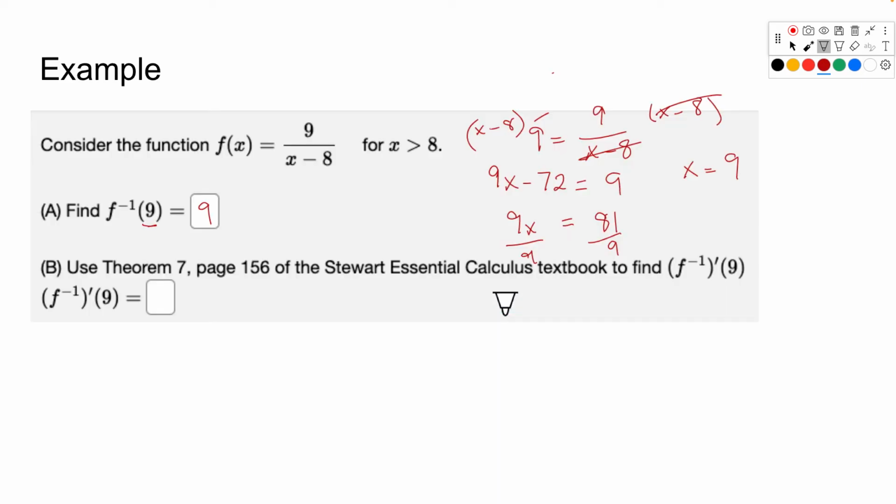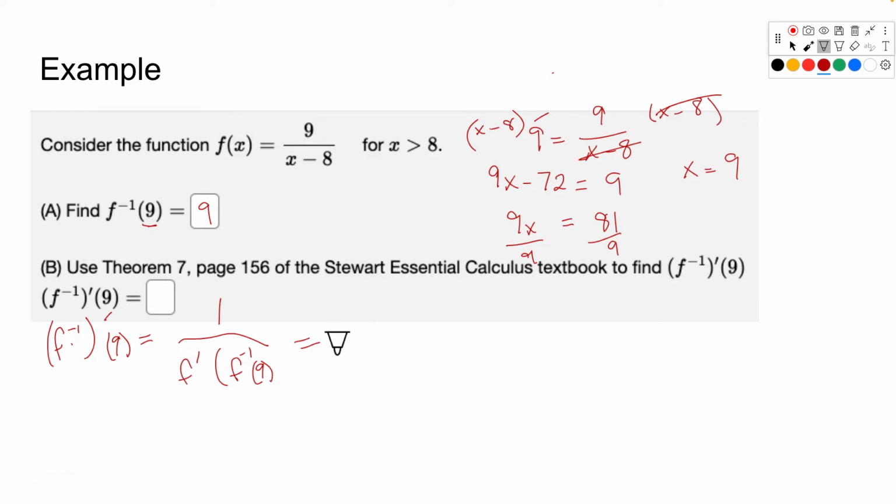So let's see if we can write that out, right? So that this is supposed to equal the derivative at 9 should be equal to 1 over the function derivative of the inverse at 9.